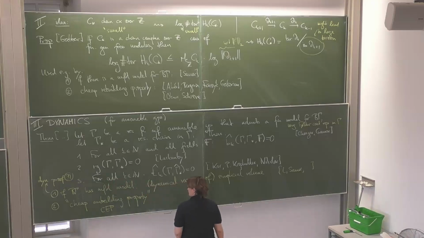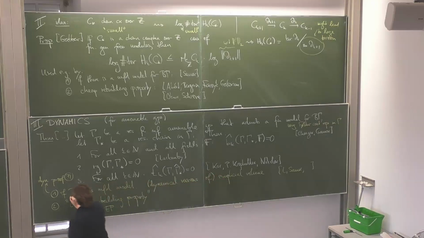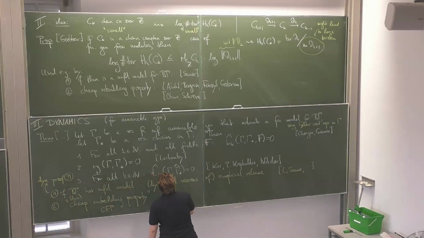It should really be called the dynamical cheap embedding property, but it's getting longer and longer. This is joint work with Kevin, Marco, and Roman.